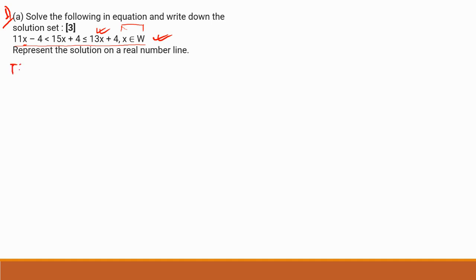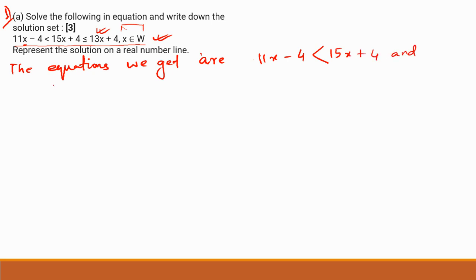So what we will write is, the equations we get are 11x minus 4 less than 15x plus 4, and 15x plus 4 less than or equal to 13x plus 4, given x belongs to whole number.